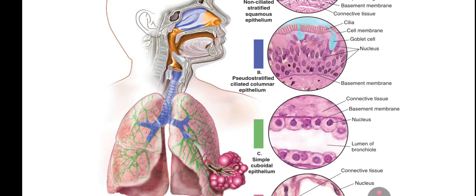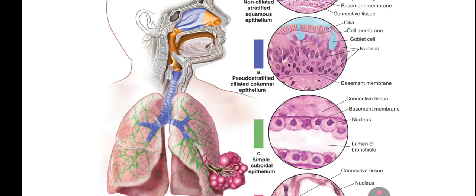And then when we go down, it's going to be lined again with stratified squamous epithelium, as you can see. I have to say that this type of figure helped me out because I can't just get information by words, but also from looking at it. And this has helped me a lot.